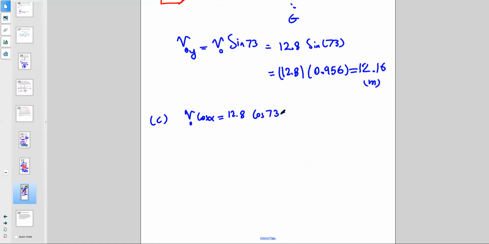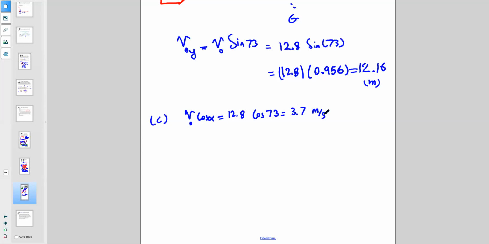If I calculate that, I have 12.8 times 0.29, which is the cosine, and I get 3.7 meters per second as my initial and constant speed along the x direction.